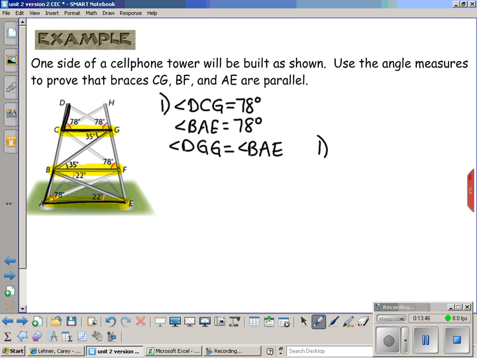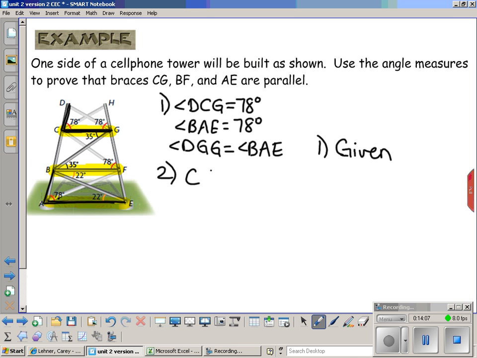And that is a given fact in the question. We are told they're 78 degrees. Because those are corresponding angles, we have corresponding angles for AE and CG, and they happen to be the same.